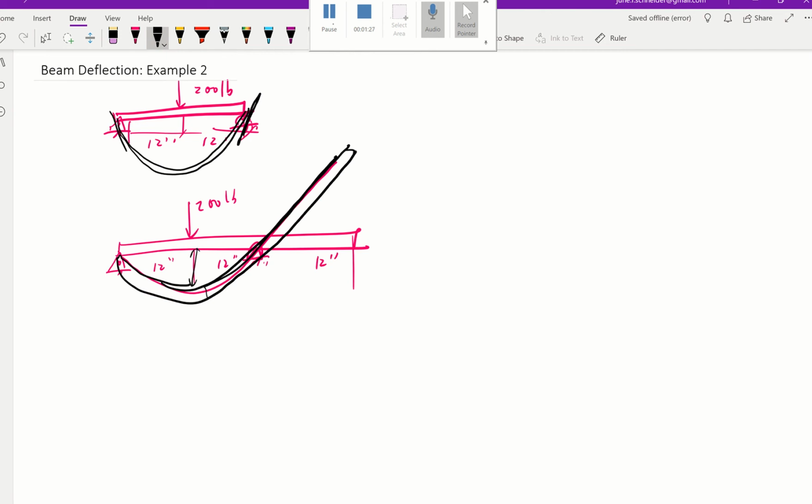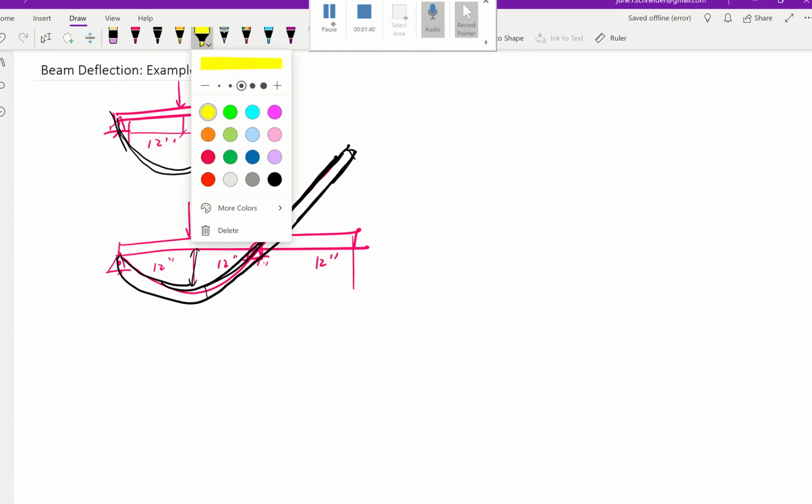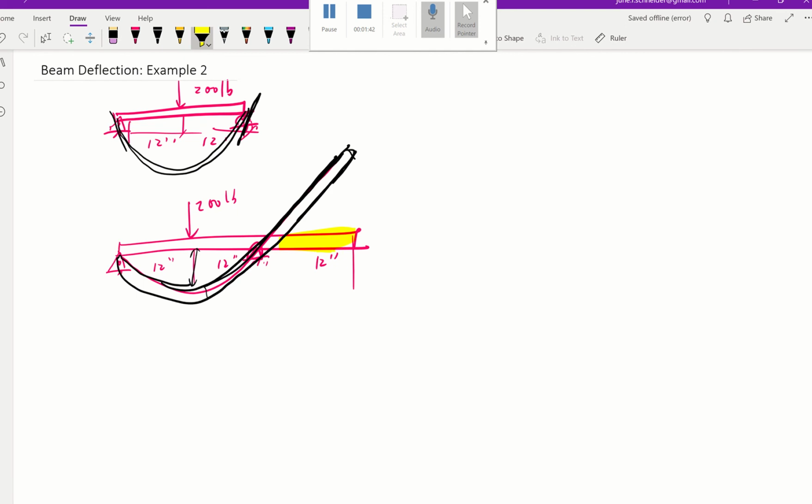Where you get maximum deflection here, and here, this remaining section will be, original shape is like this.